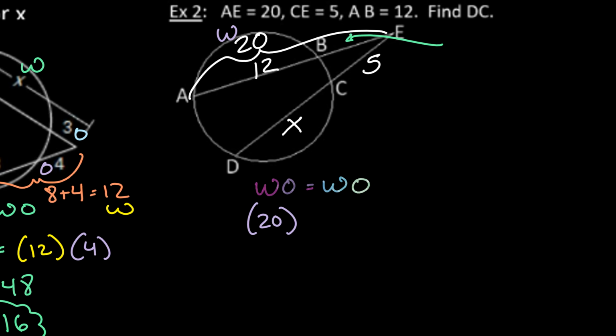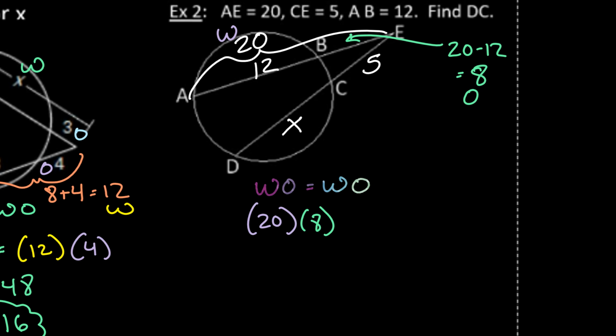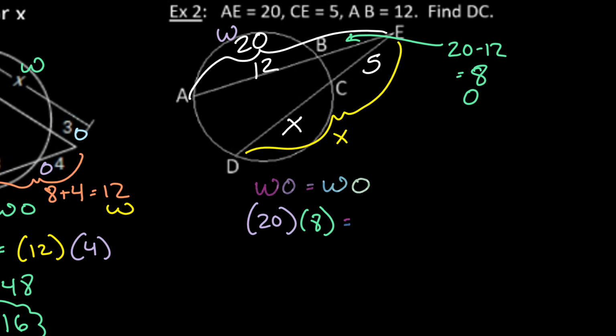How did you get that? 20 minus 12 gives us 8. So that's our outside there. And what's our whole on the bottom? Yeah, it's this entire length which we must add. X plus 5 is our whole, sorry. And what's our outside value?